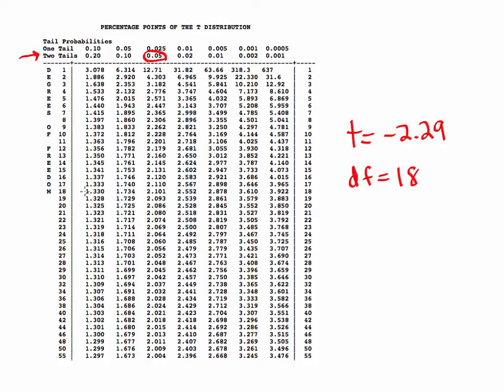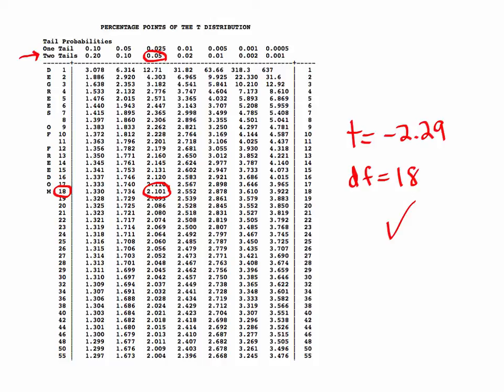So we now need to come down to degrees of freedom of 18, and we look at the intersection and see a critical value of 2.101. So the absolute value of our t value of 2.29 is clearly equal to or greater than the critical value of 2.101. Therefore, yes, this is a statistically significant difference between the two means.